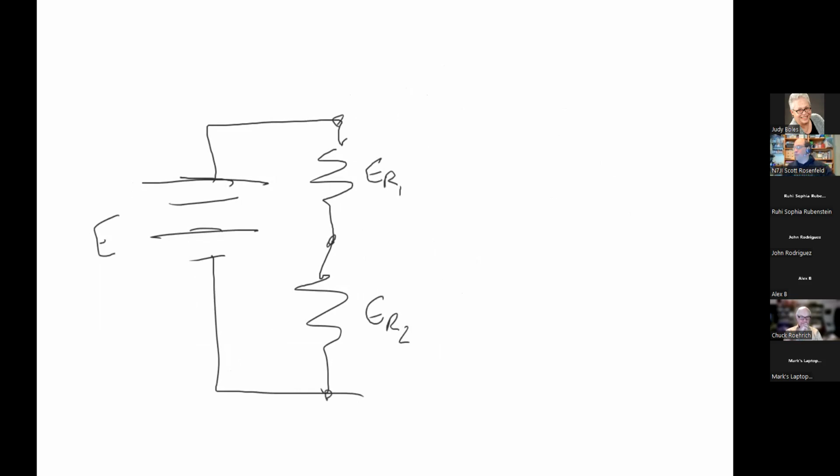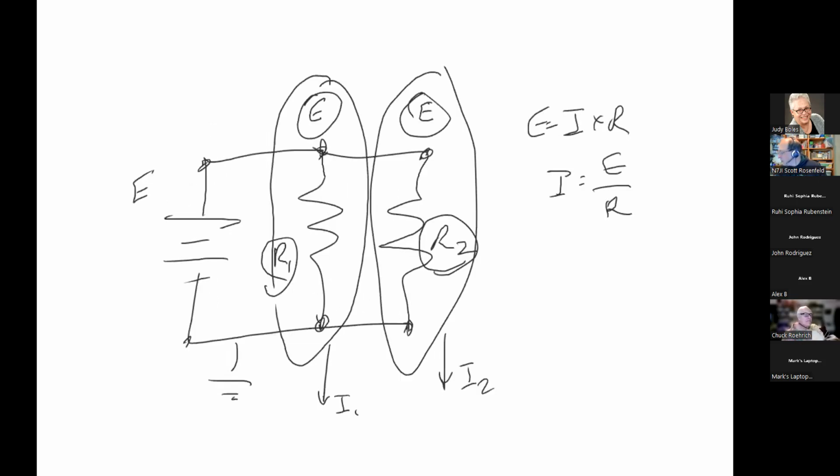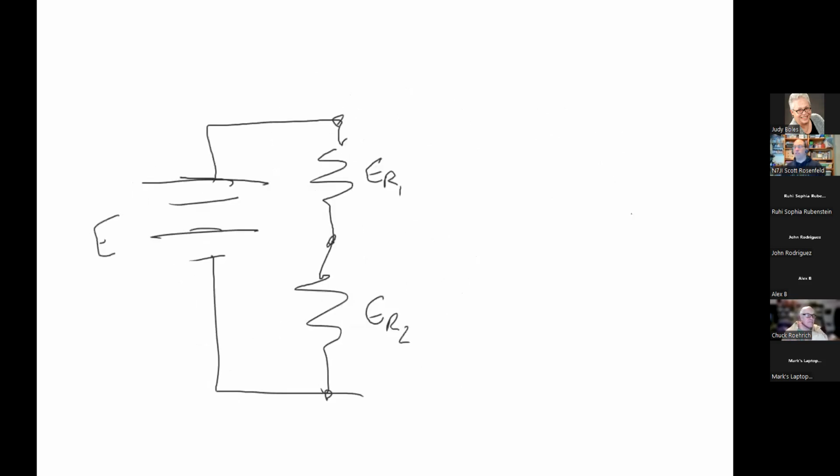This would be known as a voltage dividing circuit. So this right here is a current dividing circuit, and this right here is a voltage dividing circuit. So does anyone recognize this circuit if I were to draw something that looked like this?